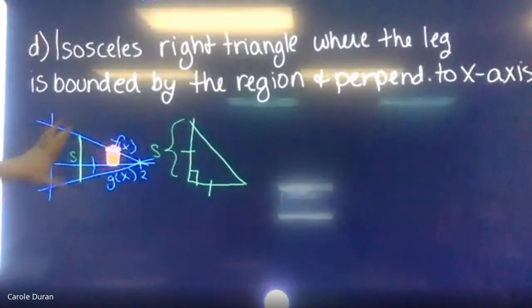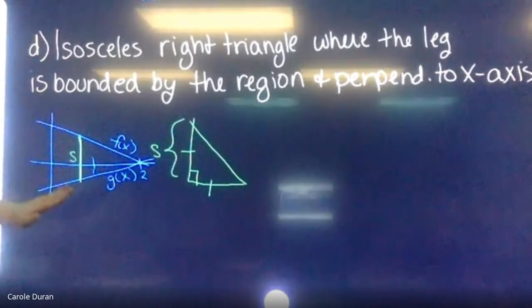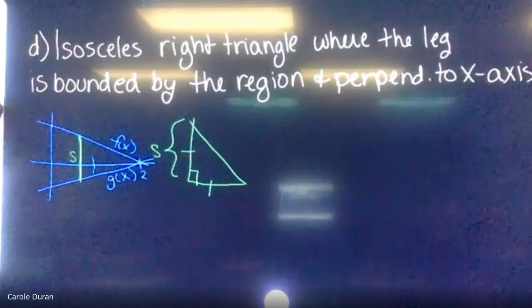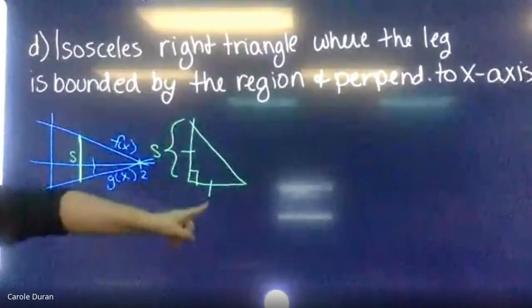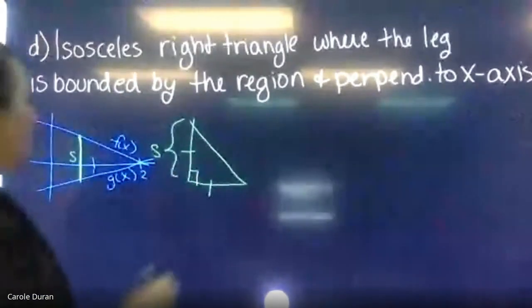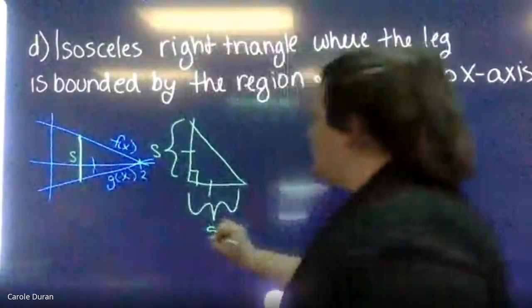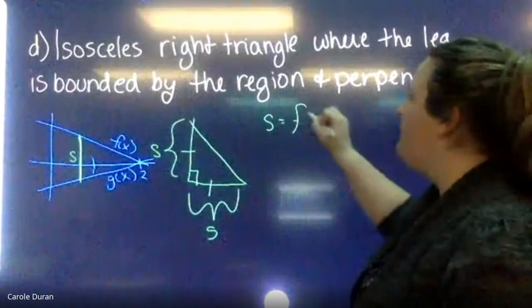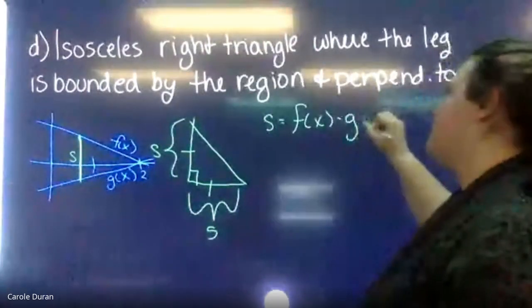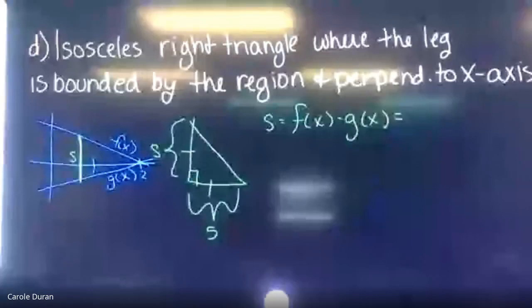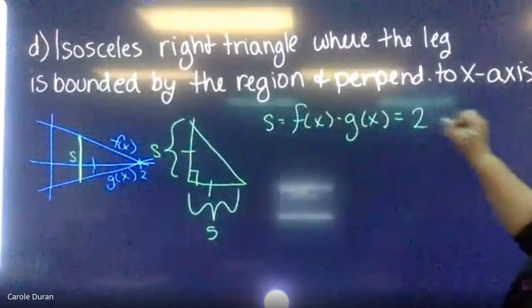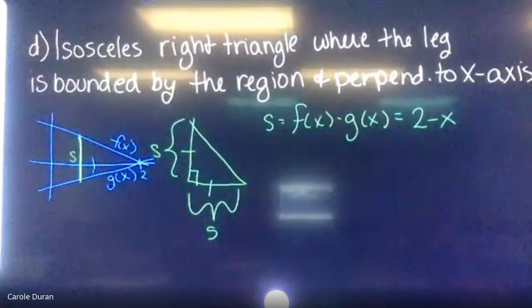It's between f and g, fully between them, which means it's the top function minus the bottom function, so it's f of x minus g of x for this side, and it will be the same as this side because it's isosceles. So both of these S's are going to be f of x minus g of x. We've already done all the work to figure out what f minus g is, and it's 2 minus x. We've done this on at least 2 other problems already.